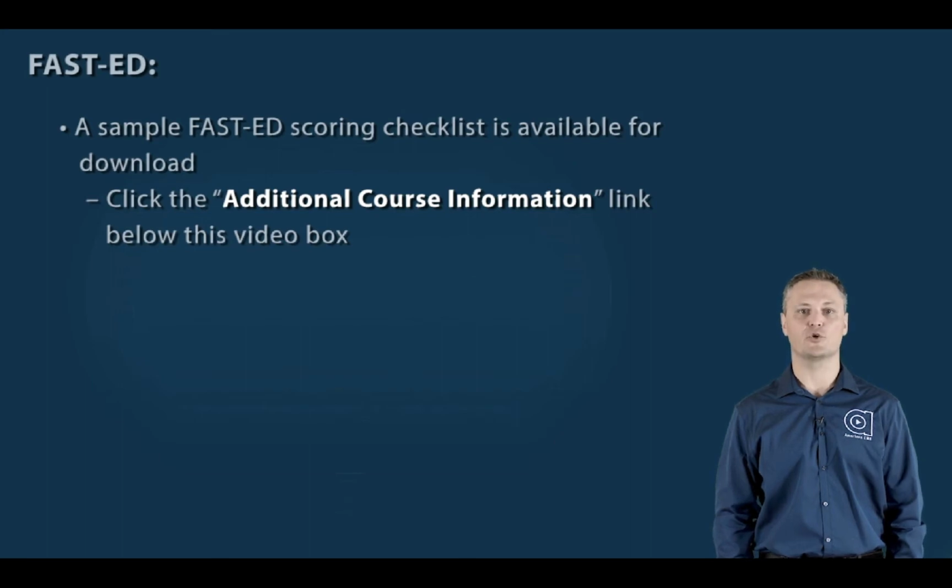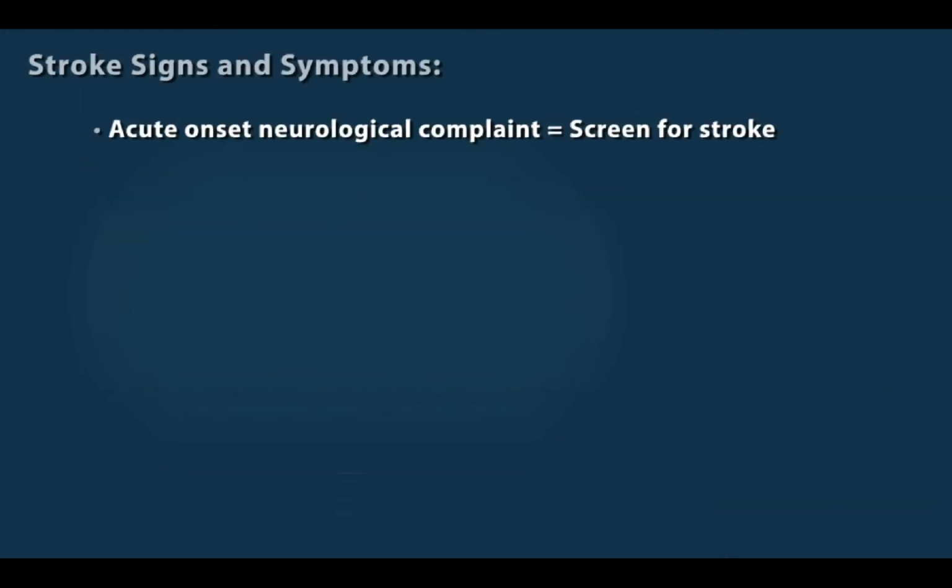Click on the additional course information link underneath the video screen to download a PDF version. You may want to pause the video and download our sample FAST-ED scoring checklist to help you understand the steps of completing and scoring FAST-ED more clearly. Anytime a patient presents with an acute onset neurological complaint, assure the patient is screened for stroke.